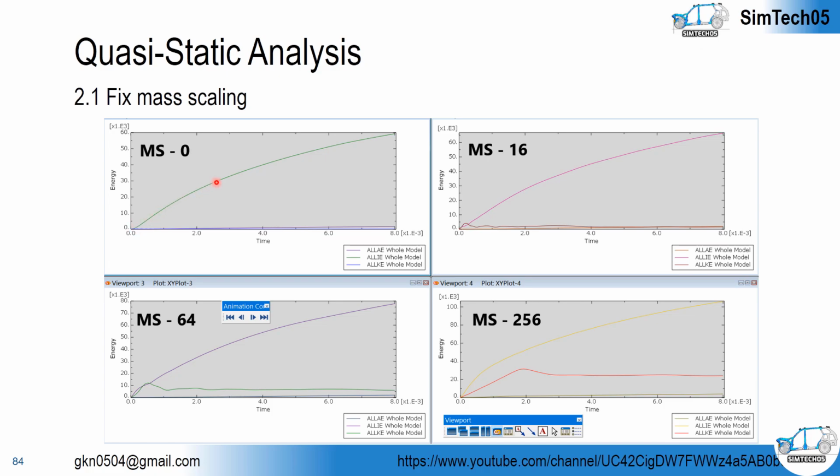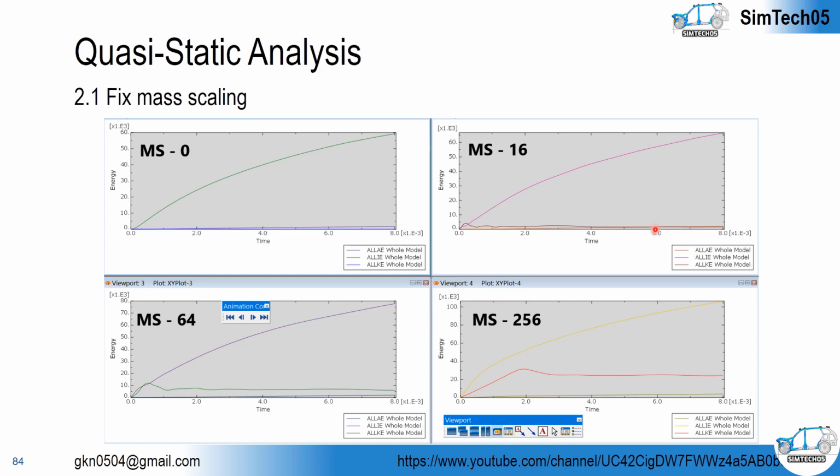So this graph is for internal energy, and in the other two graphs I also plotted the kinetic energy and artificial energy. The other two graphs are approximately 0 for mass scale 0. Same for mass scale 16: the internal energy is around 60-70 e raised to the power 3, that's okay for me. But the kinetic energy initially increases, and then again approaches 0.